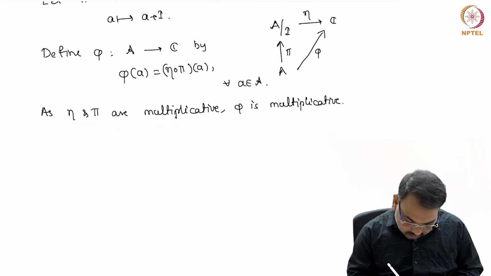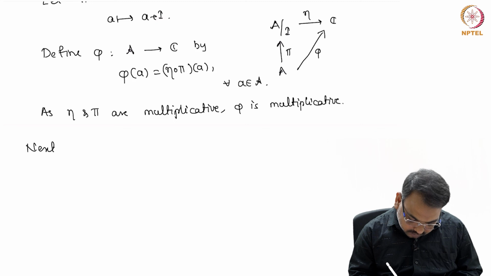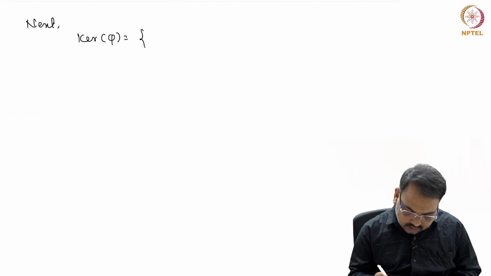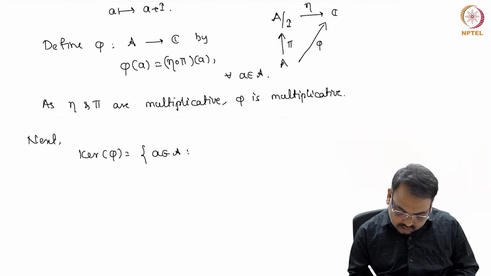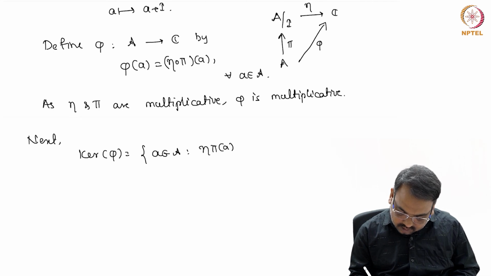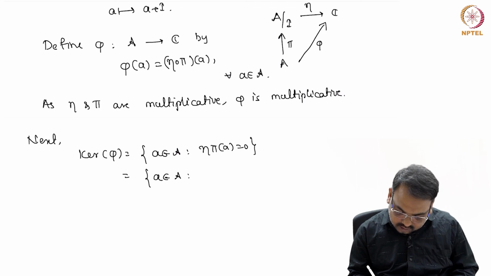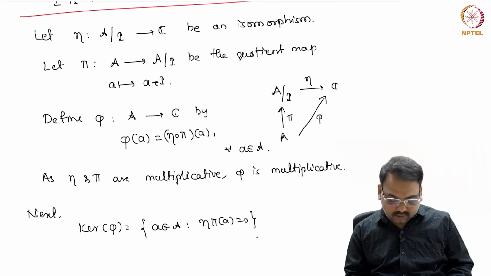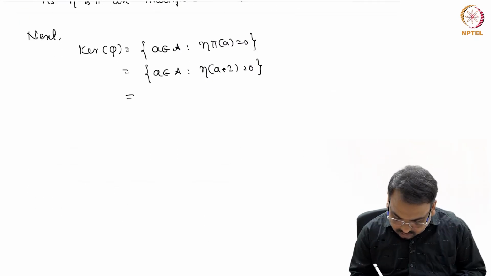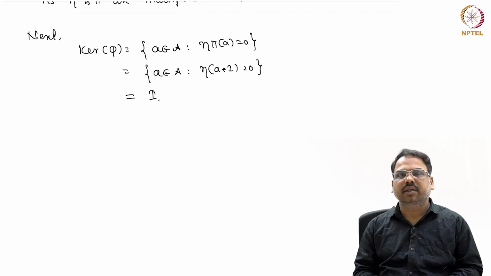Now let us look at kernel phi. Kernel phi is the set of all a in A such that phi of a is 0. So this is nothing but the set of all a in A such that eta of a plus I is 0. Now eta is a map from A quotient I to C. So we can show that this is exactly I.